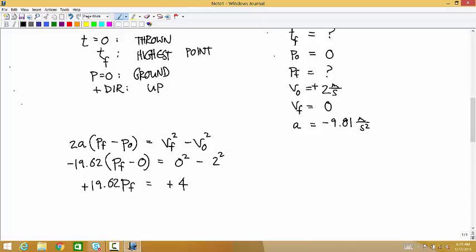And if you divide that out, could anyone have a calculator in front of them? What's 4 divided by 19.62? 0.2038. Okay, I'll just go with that. So 0.20, not very far because it's not very high up in the air because it wasn't going very fast.